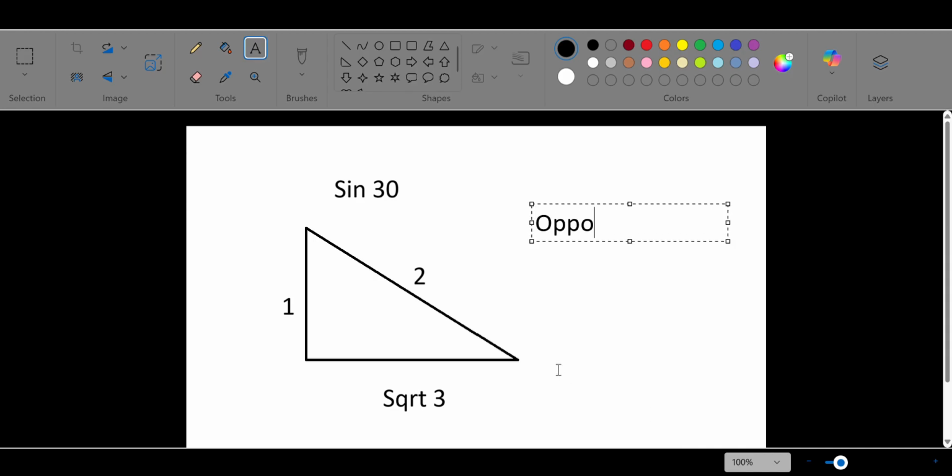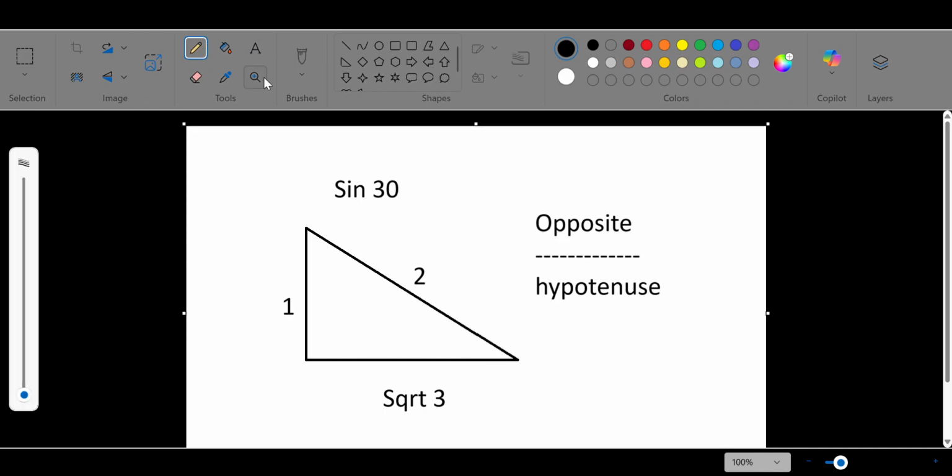So the opposite of sine 30, this is 30 degrees, I believe.